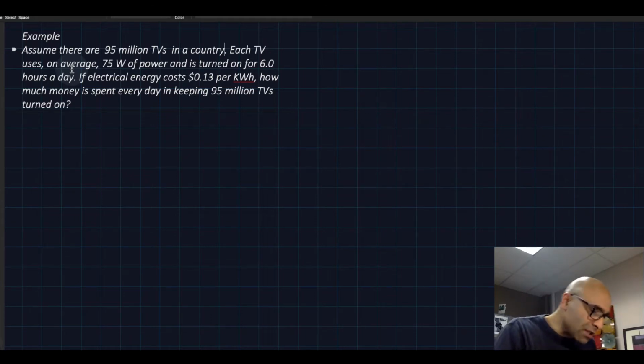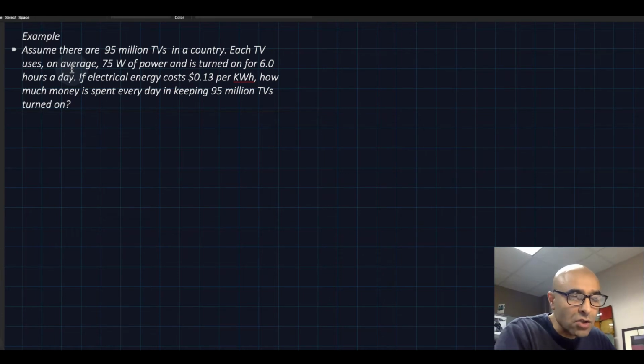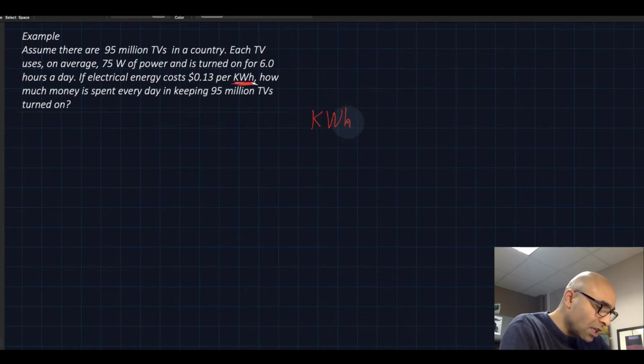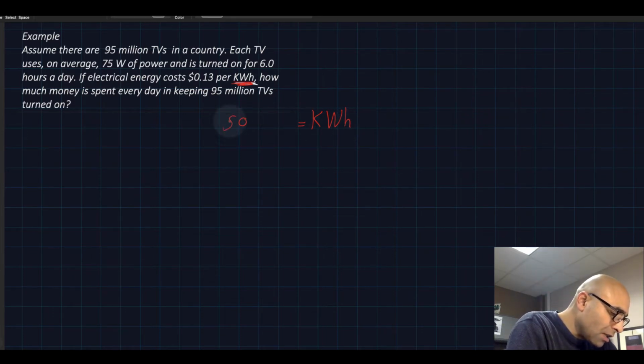Now, how do we solve this problem? You don't actually need to use any equation to solve this problem, okay? You just need to look at the unit. So this here is kilowatt hour, and it's a unit to measure the consumption of electricity and how much you pay for it. And for each kilowatt hour, you pay this amount of money.